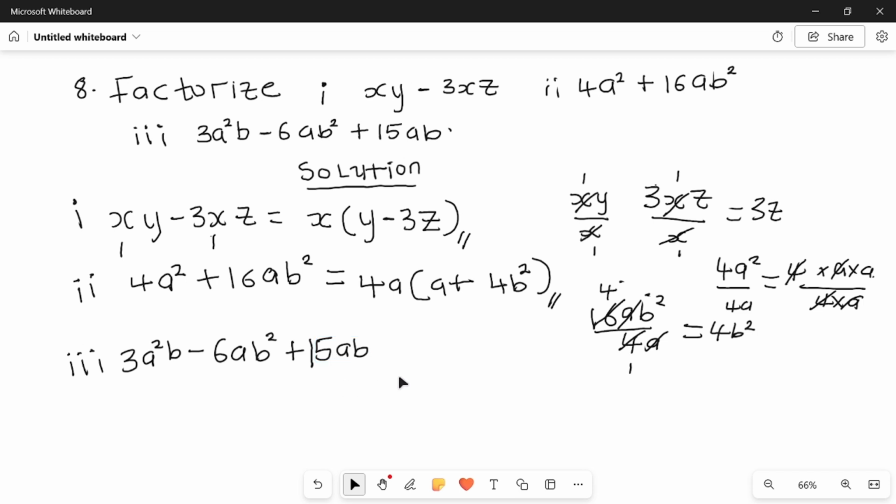So we can say, let's use 3ab, right? So we have equals 3ab, bracket open. So 3a squared b divided by 3ab, let's do it here. 3a squared b is the same thing as 3a times a times b, all over 3ab here.